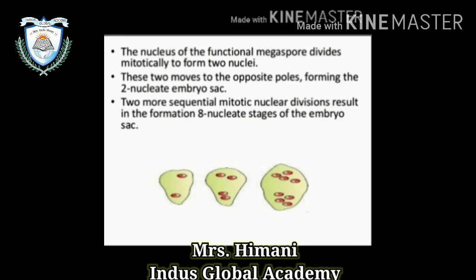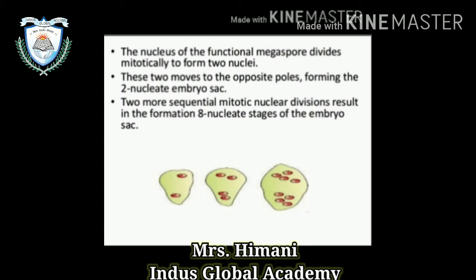After that, only the functional megaspore divides mitotically to form 2 nuclei. These two move to the opposite poles, forming the 2 nucleate embryo sac.